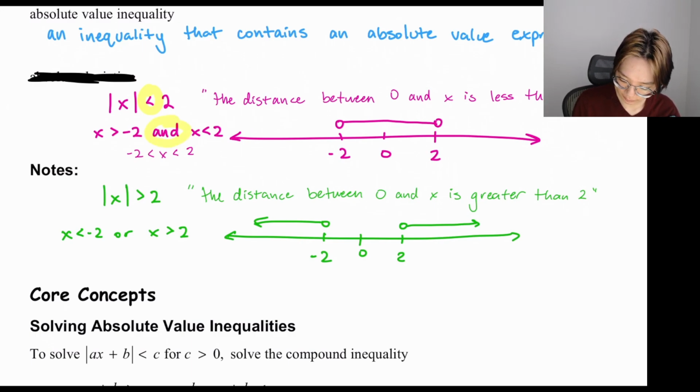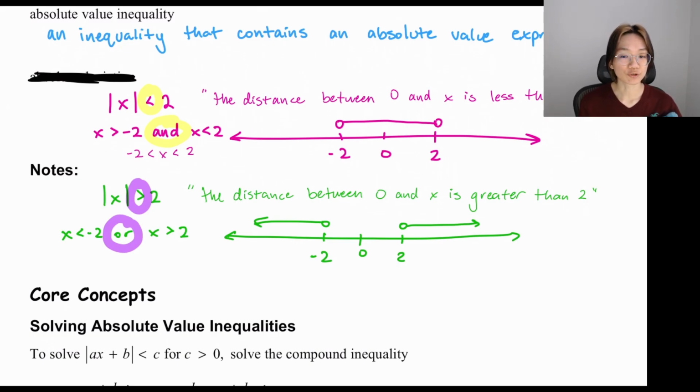If we have, let's do purple, the absolute value is greater than the other side, we have an or. And don't mistake this for meaning that if it's less than, it's always and, and if it's greater than, it's always or, because it does work the other way around as well. If, for example, 2 is on this side, but it's still greater than the absolute value, that still means and. The absolute value side is less than the other side.